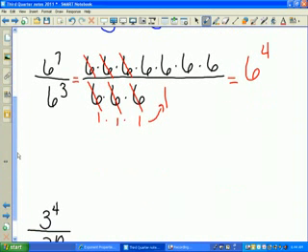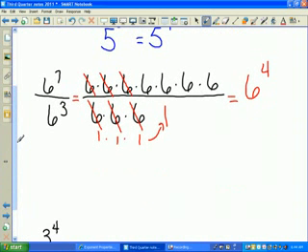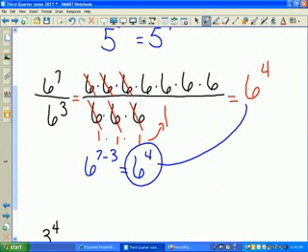Let's see if that works for this one. So I had 6 to the 7th divided by 6 to the 3rd. 7 minus 3, that'll give me 4. Isn't this the same as what we just got? Yes, it is. So the key right here is when you're dividing, you are actually subtracting your exponents.